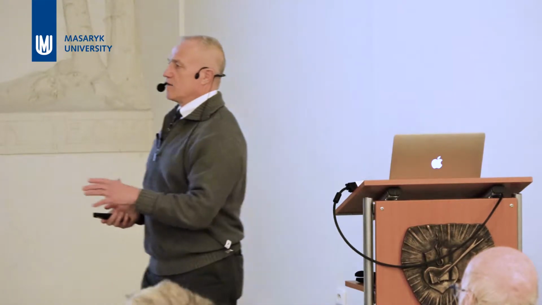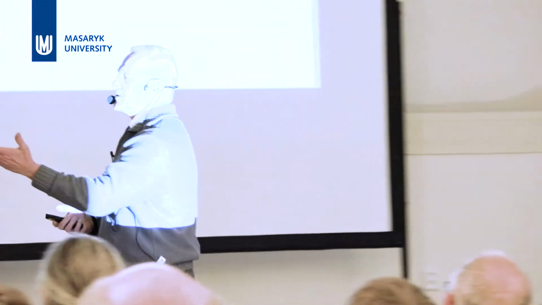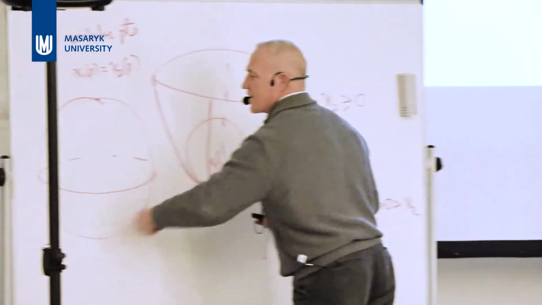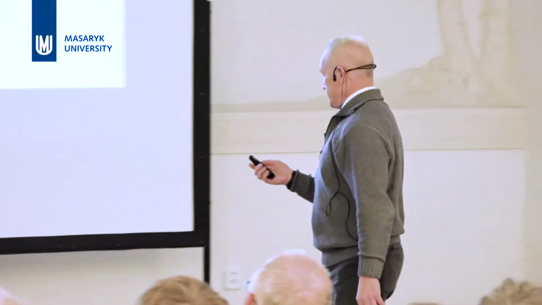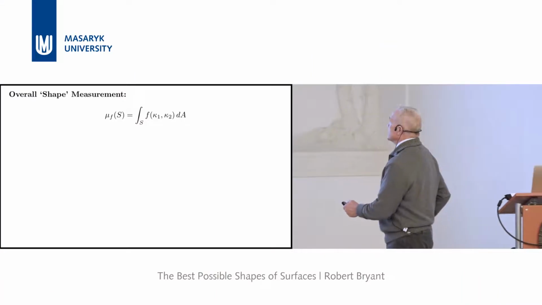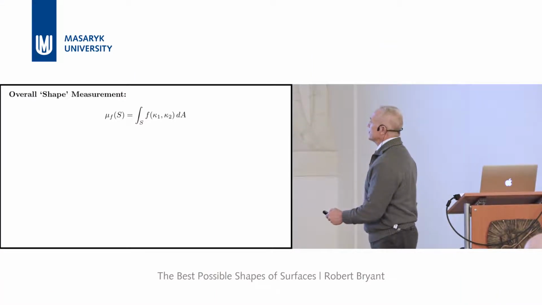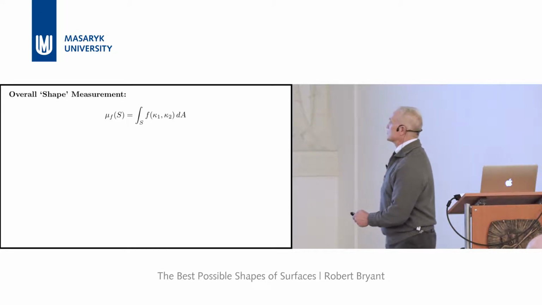Well, of course, knowing what happens at one point doesn't really tell you much about what happens over the whole surface. But what we can do instead is this. If you have a surface, you choose some function of the two curvatures, kappa 1 and kappa 2, and just integrate it over the surface, where this is the area measure of the surface.